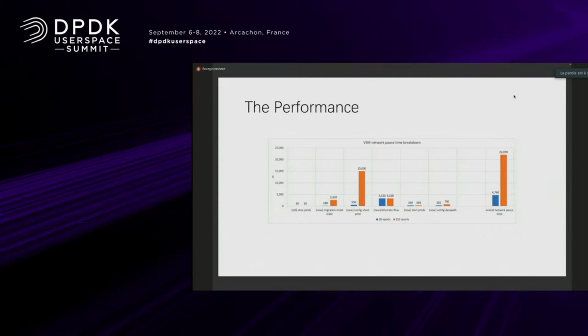We can see that almost all other fields stay the same, but when we have more vHost ports, the final state sync process, which is here, increases a lot, and also the vHost PMD config. This part also starts to increase when we have more vHost ports, but the others almost stay the same. The numbers here are in microseconds.